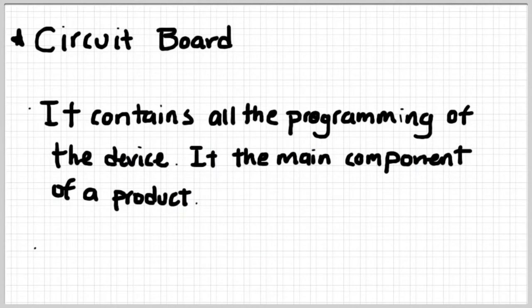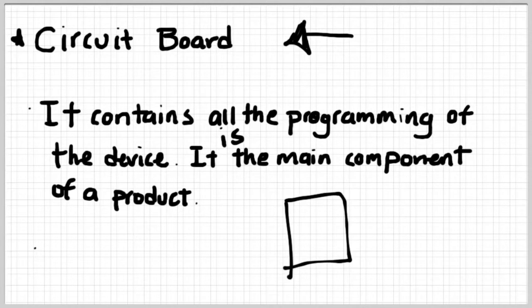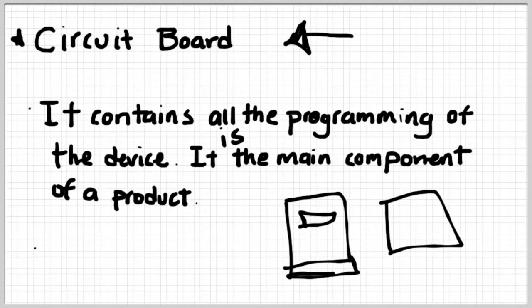The next word is circuit board. Very common, you will see it very often, and you have probably dealt with it already. It contains all the programming of the device. It is the main component of a product. You were talking about a PC, say we have here our cabinet or our tower. Here's our monitor. My drawing sucks, but anyways.